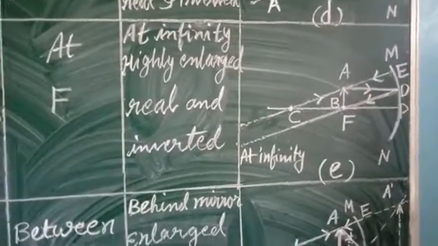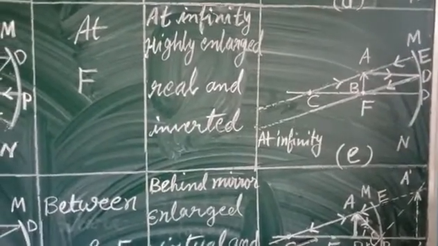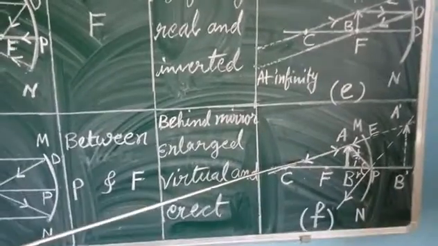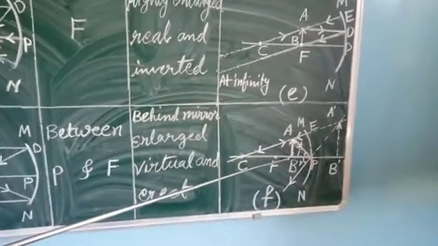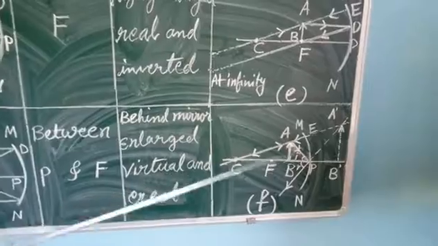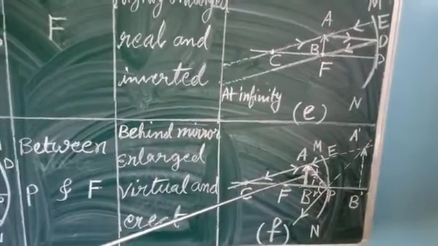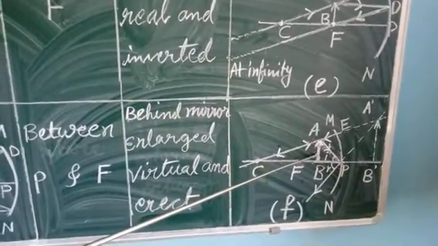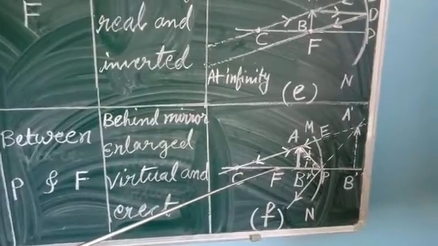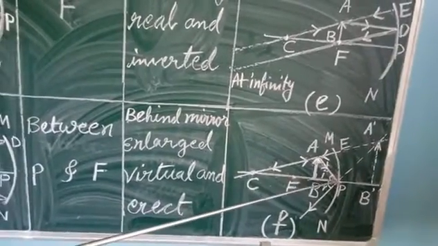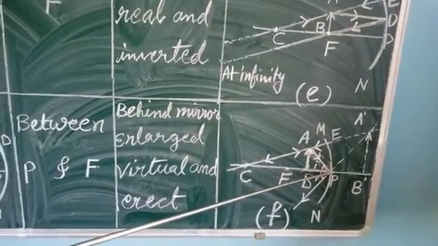Okay. Now let us see the next diagram. Here, when we place the object, this is the object AB, between the principal focus and the pole, what happens?